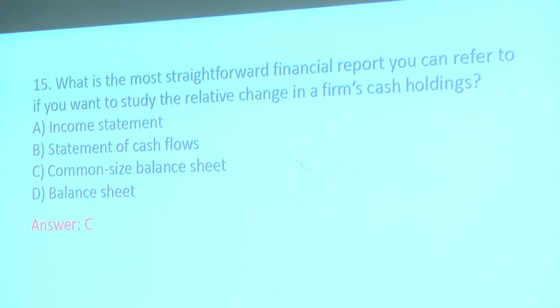So we're looking for some statement that gives you the relative or percentage change instead of the absolute change. Which one is it? It should be a common size thing. If it's a common size balance sheet, great. But the statement of cash flow gives you what? The real dollar terms. It doesn't give you the percentage. So it's a common size balance sheet.